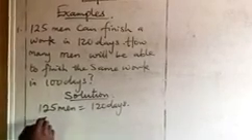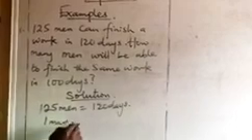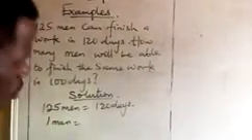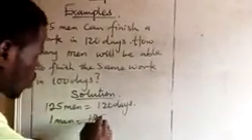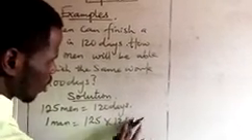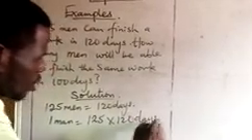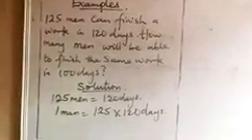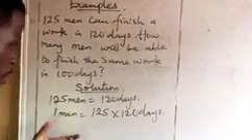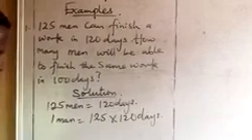One man will be able to finish the same work in 125 times 120 days. Remember I told you in indirect proportion it's working opposite each other. So now we multiply.